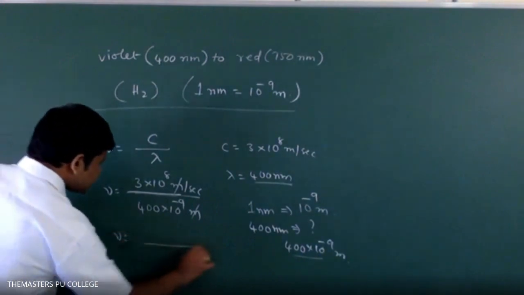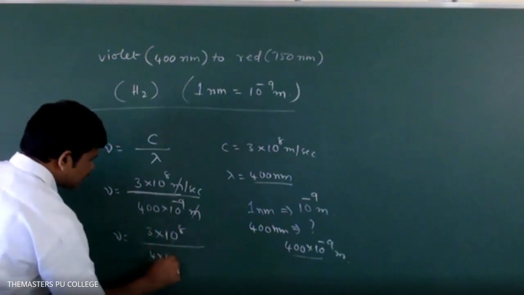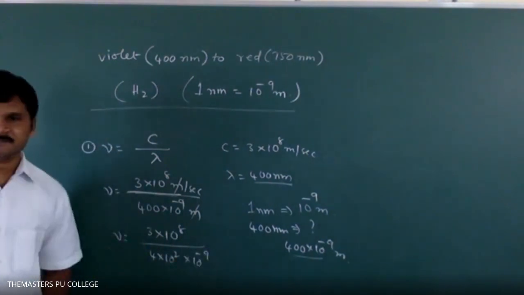Nu is equal to 3 into 10 power 8 divided by 4 into 10 power 2 into 10 power minus 9. Please simplify this one.